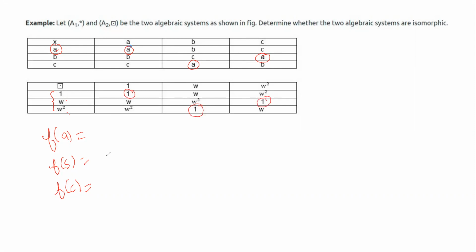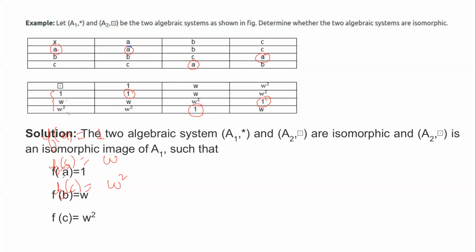So what should you map f of a to? f of a should be 1, because you can see it is in the same positions on the table and the relationship will hold. Similarly, f of b should be mapped to W and f of c should be mapped to W square. Since I have a function wherein I can map the elements of group 1 to elements of group 2 and the relationships still hold, I can say that the two of them are structurally the same, or they are isomorphic.